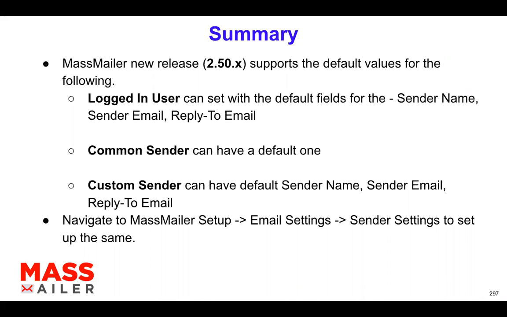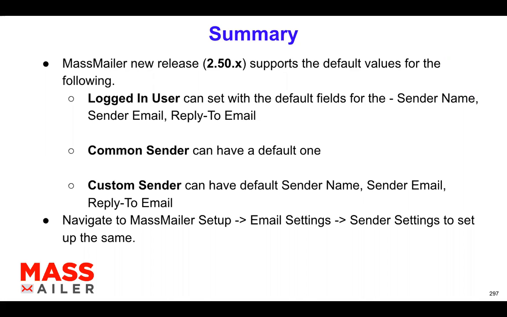We've had an option to create common senders, but we could never mention which is the default one out of all those you created. Same thing goes with the custom sender. There was no default value you could specify. It's globally available, not at the user level. Right now, it's a global setting. Eventually, in the future, we're going to make it a setting at the user level as well.